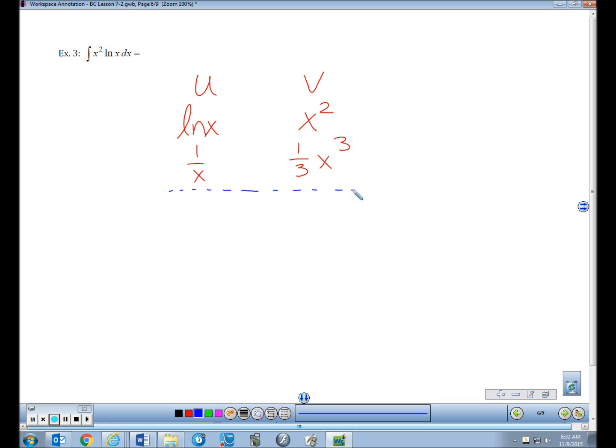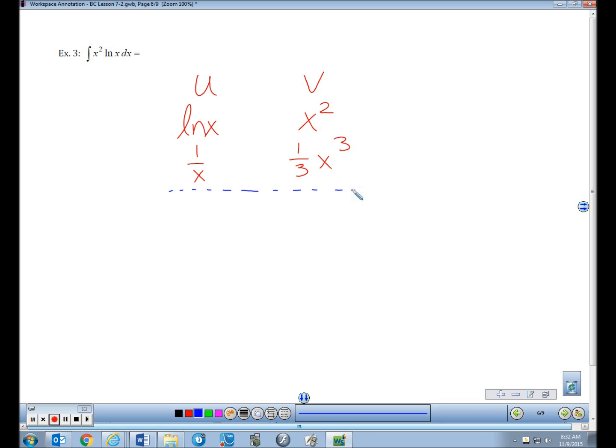The only thing I want to make sure I'm not doing is switching places so that when I do the next step, I get what I started with. In other words, I don't want to put the 1 over x on the right side and the 1/3 x cubed on the left side and then do the process, because then I would be integrating 1 over x to get that log x on the top, and I'd be differentiating 1/3 x cubed to get x squared, which is what I have on the top.